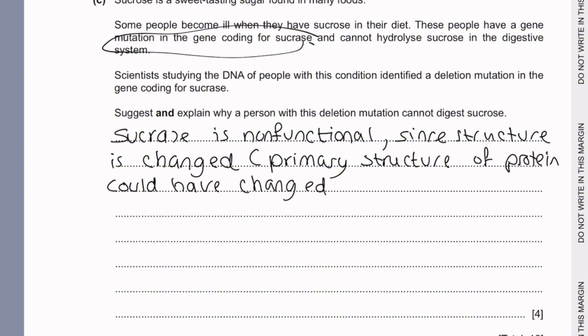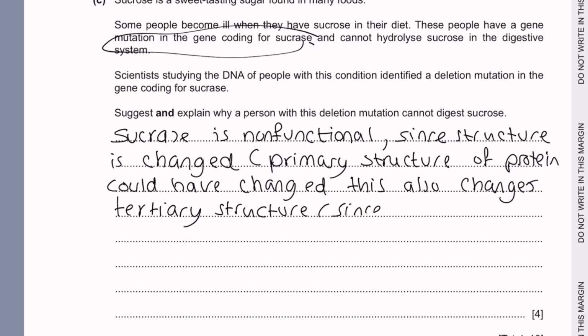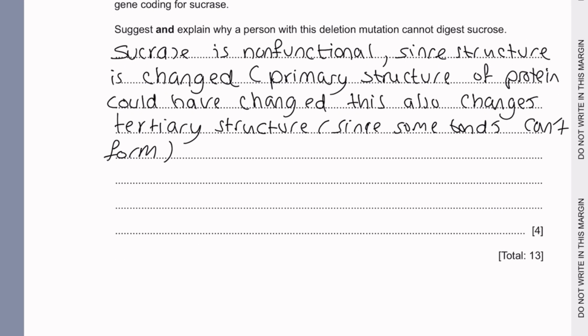And how, since the primary structure is changed, this also changes tertiary structure, since maybe, for example, you don't have the right amino acids, so some bonds can't form. And you can write, obviously, the protein does not form the right structure. Then this obviously results in an active site that's not specific or non-complementary.